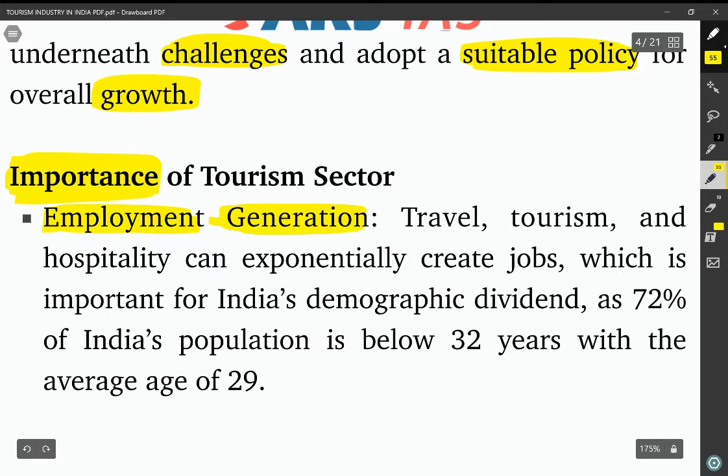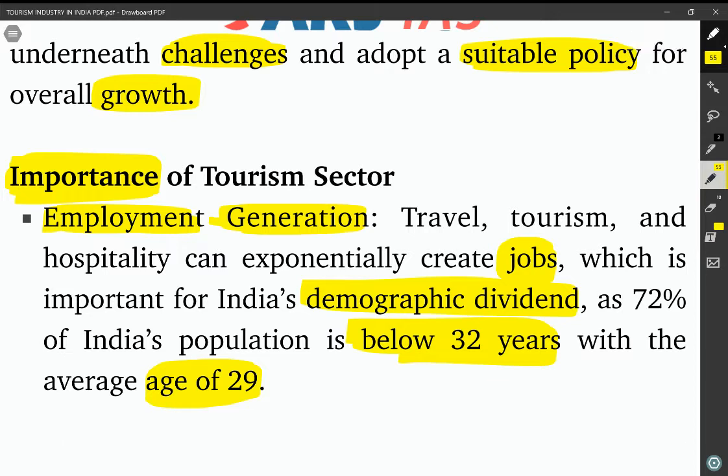As you all know, travel, tourism, and hospitality can exponentially create jobs, which is important for India's demographic dividend, as 72% of the Indian population is below 32 years of age with an average age of 29. So, please remember that.